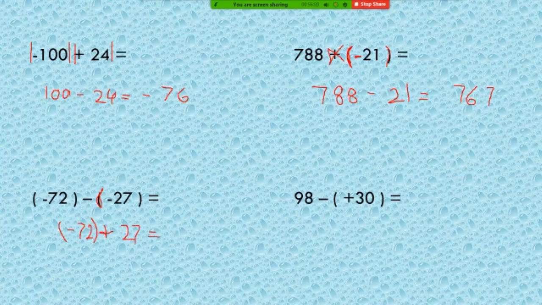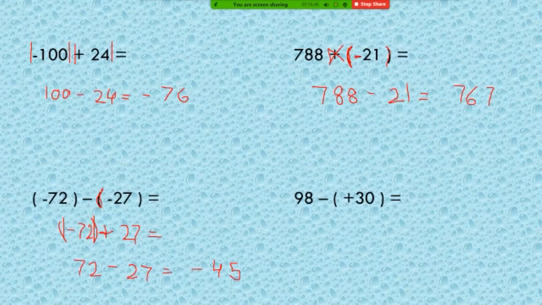This will be equal to, now here different signs again. The same rule we have followed here. Absolute value: for this the absolute value will be 72, and here the absolute value will be 27. The greater absolute value is 72, its sign is minus, so minus in the answer, and if we subtract we'll get 45. So minus 45 will be our answer.